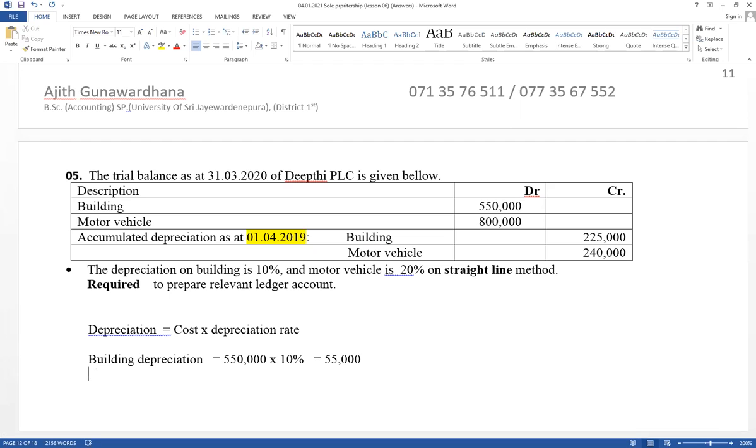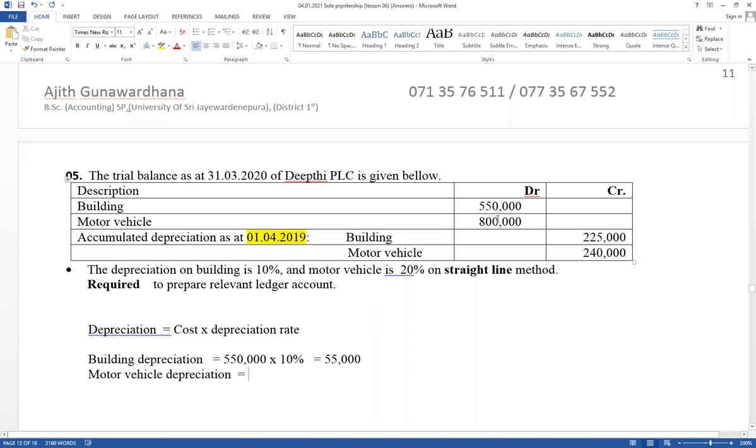Motor vehicle also same way. Calculate motor vehicle depreciation. Motor vehicle cost value equal 800,000.